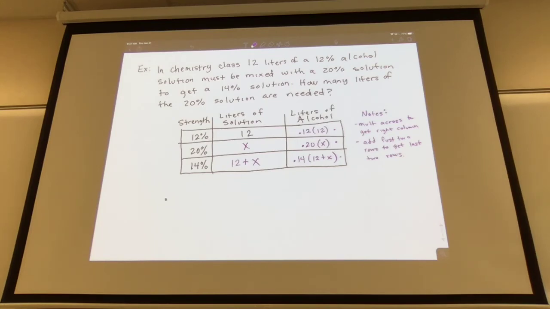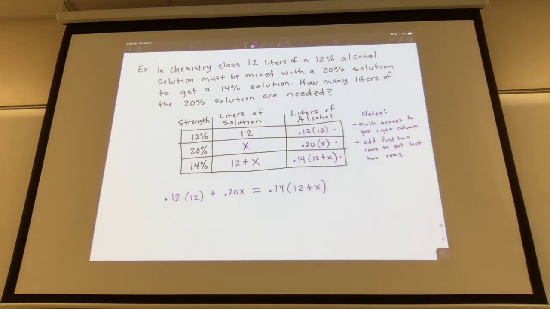So when we write our equation down here, it's going to be 0.12 times 12 plus 0.20 x is equal to 0.14 times 12 plus x. So we knew that we took those two solutions, added them together, and we're trying to get the solution that we want at the end. But the question is, how much of that 20% solution did we have to put in to make all those things happen? So now we're ready to solve this.